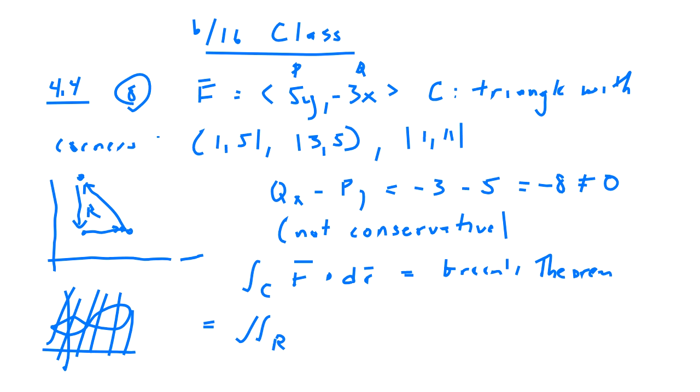And as I said, we might as well do this because now we're integrating that. And this is simple because Q_x minus P_y is -8. So I don't actually have to do the integral. I get -8 times what?